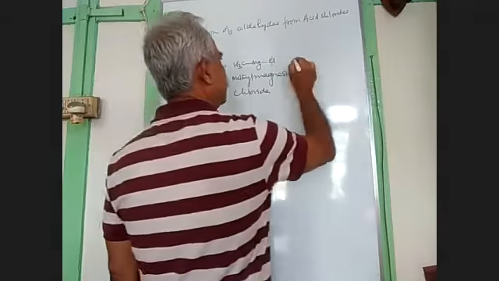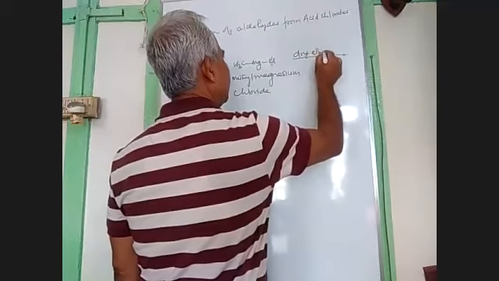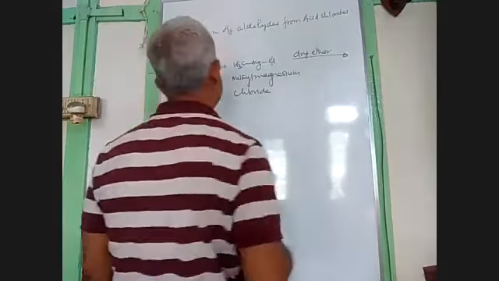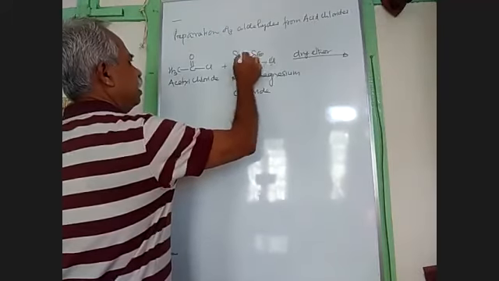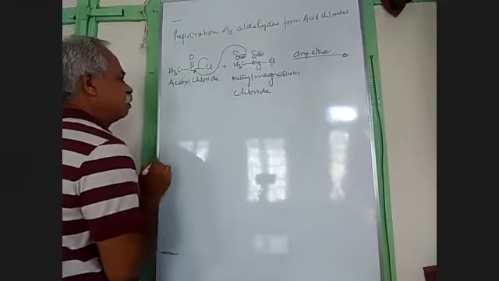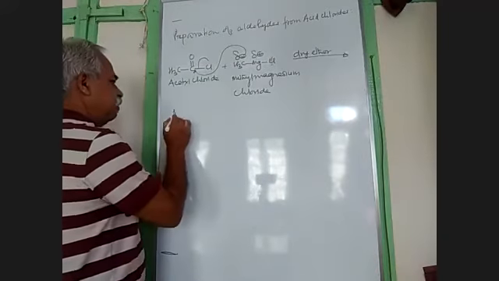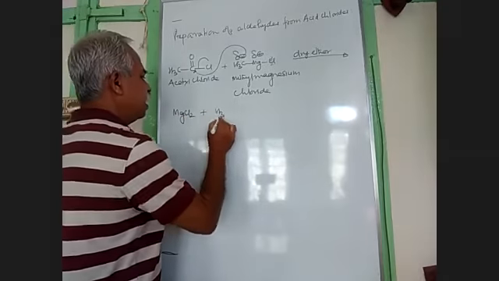And what I have to do? I have to take dry ether. See here. In fact, it immediately forms ketone here. This Cl goes here. So what you will get now here? You will get here now magnesium chloride and acetone.